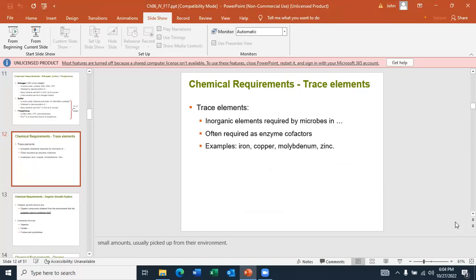Generally, the bacteria get their trace elements from the soil. The water will dissolve it out of the soil and then make it available to the bacteria. Trace elements can act as an enzyme cofactor, like iron or copper or zinc. And that's because the cell needs very few of these agents.